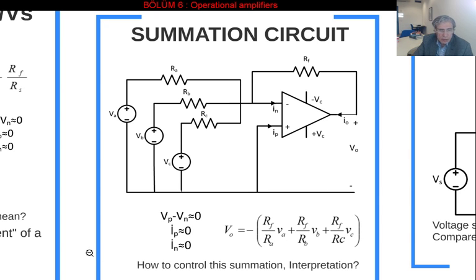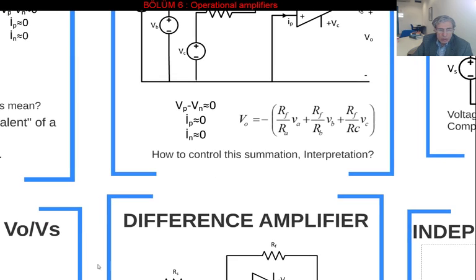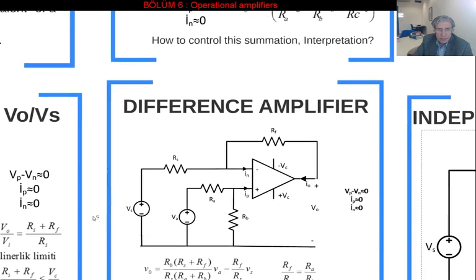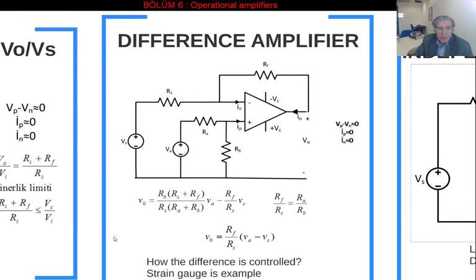So once we have seen the summation, let's come to the subtraction, or the difference amplifier. Here is the circuit, and once again the defining relation of our ideal operational amplifier is this. If you do the analysis of this circuit, V0 is going to be equal to this. So you do it by hand.